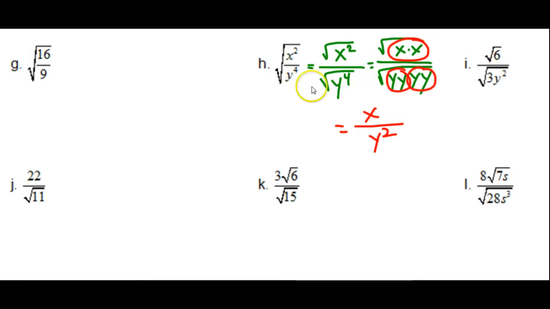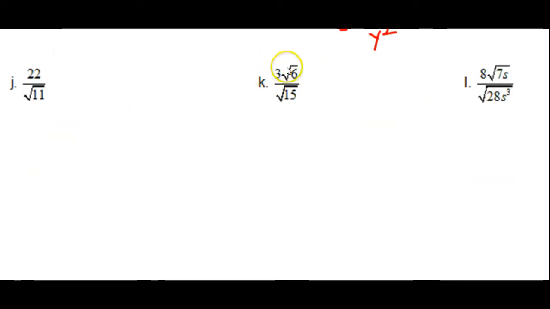That's your answer. Alright, so the next part is k, 3 square root of 6 all over square root of 15. Let's just write it bigger over here so we have a lot more room. To be honest, we can't really break down 15 or 6, but we can simplify this by rationalizing the denominator. That means we can't have this guy down here.